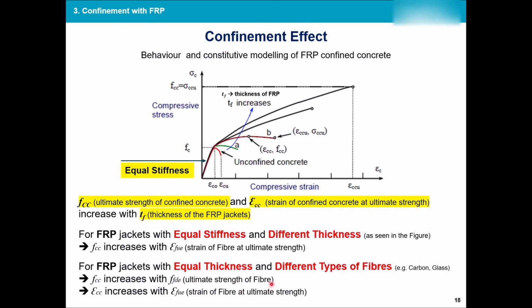So the higher the strength of your fiber is, the total strength of your ultimate confined concrete will be increased as well. The same thing happens with the strain. If the strain of your fiber is increased, the strain of your confined system will increase as well. So repeat these to fully understand how they act.